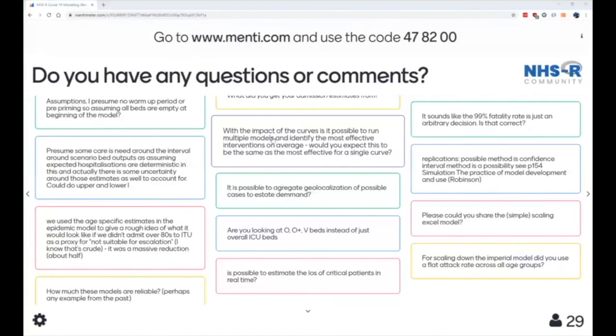So we've covered this question already, I think. With the impact of the curves, is it possible to run multiple models and identify the most effective interventions on average? Would you expect this to be the same as the most effective for a single curve? I'm not sure. We've not done this.